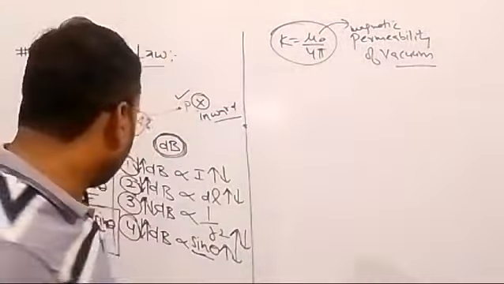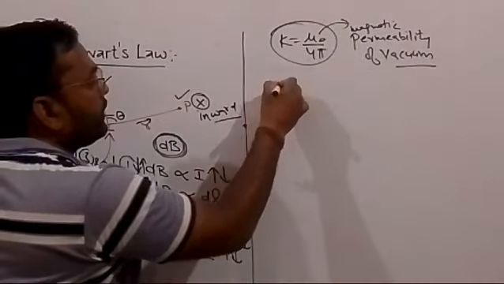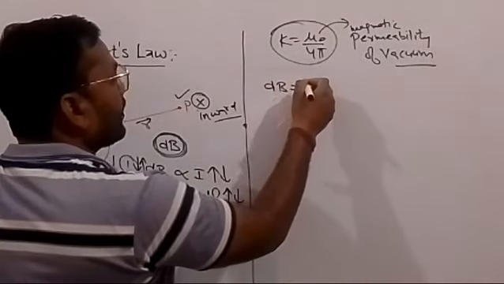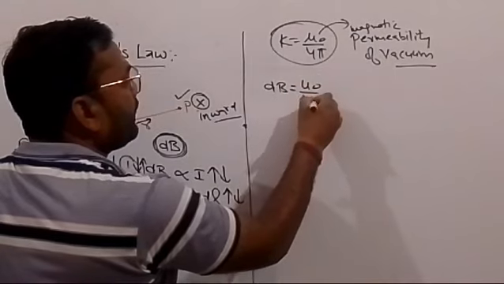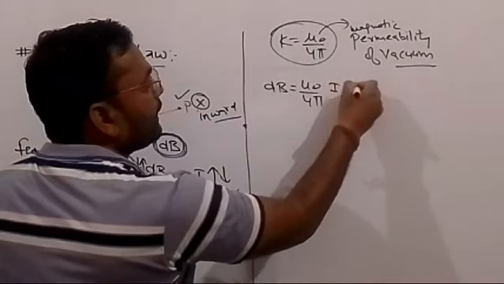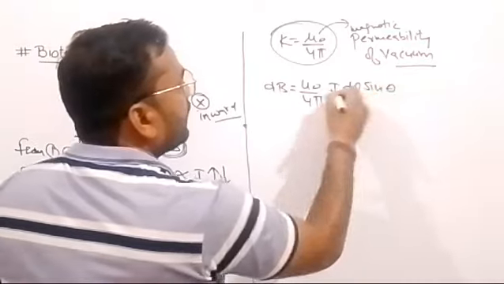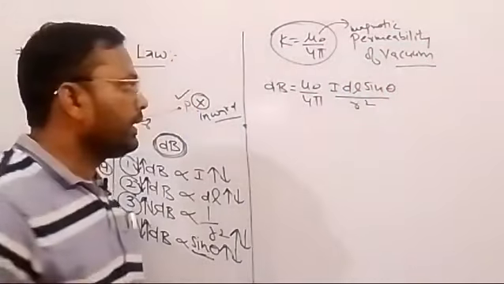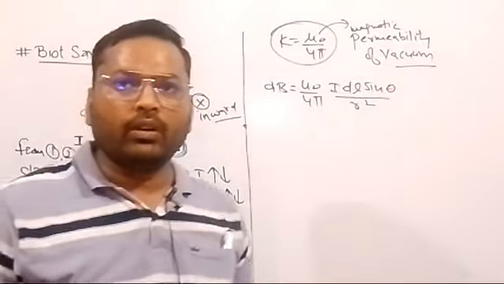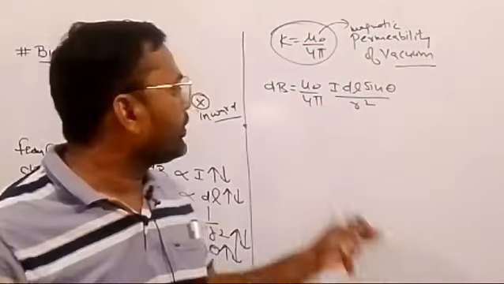Clear guys? So the formula becomes dB is equal to mu naught upon 4 pi I dl sin theta upon r square.